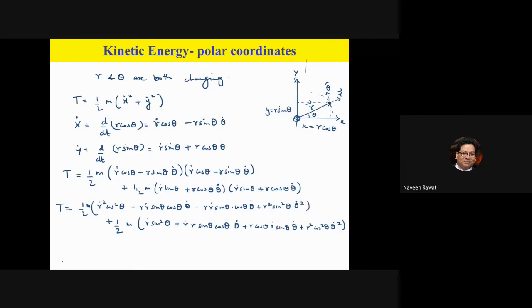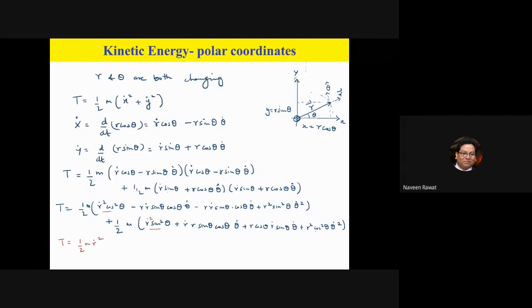So let's try to see which expressions get combined. I have r dot square cosine square theta, and I have r dot square, there should be a square here, so I missed that, and then I have sine square theta. So when I combine this I will get 1. Similarly, let's write that down: I'll have 1/2 m r dot square, because cosine square theta plus sine square theta is 1.